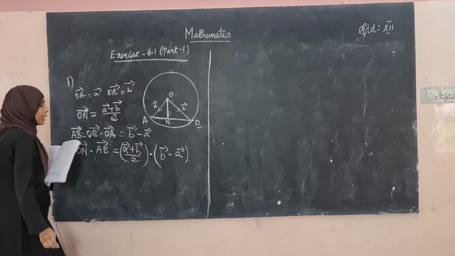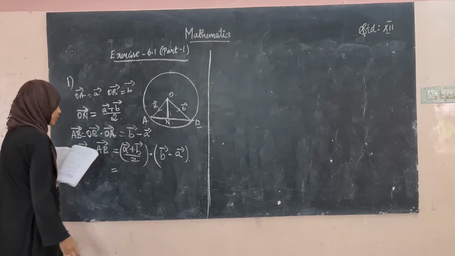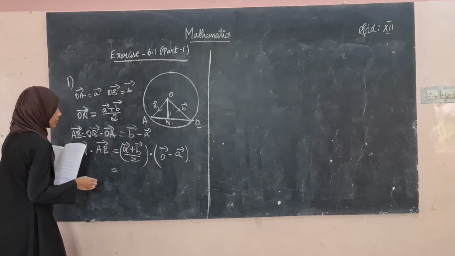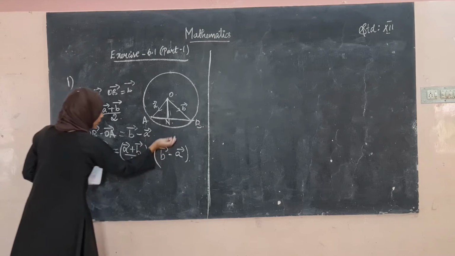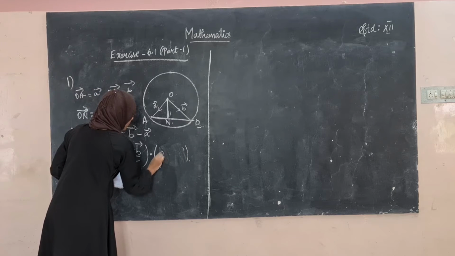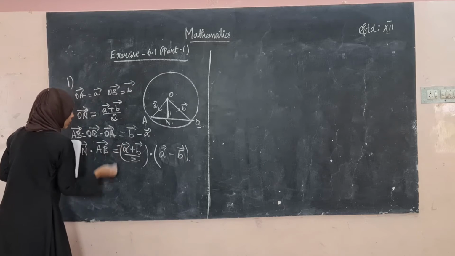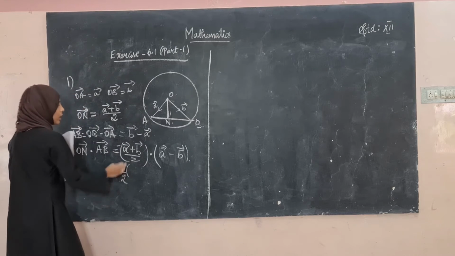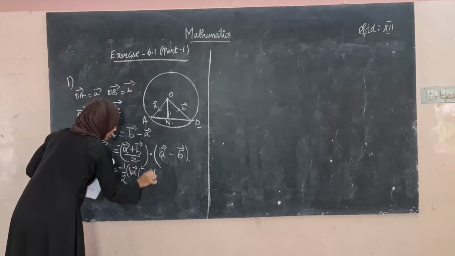Bringing the minus sign outside, it becomes A vector minus B vector, and taking 1 divided by 2 outside too, this becomes A vector the whole square minus B vector the whole square.